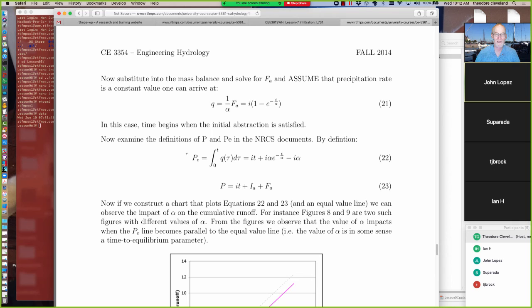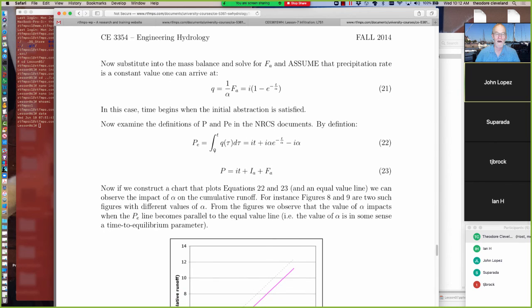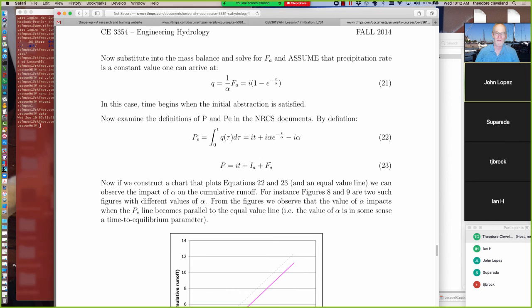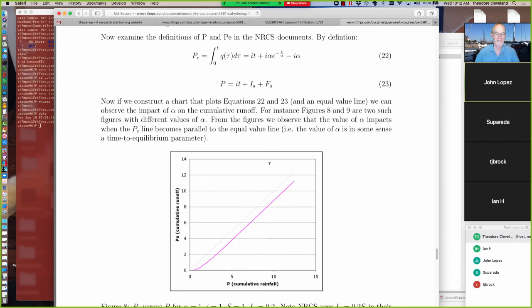Now, if we use the definitions of total depth and excess depth from the NRCS documents, we can integrate that term, and there's a result of the integration. We can assign values that total precipitation is the actual input plus whatever's stored in initial abstraction plus whatever's stored on the watershed retention.